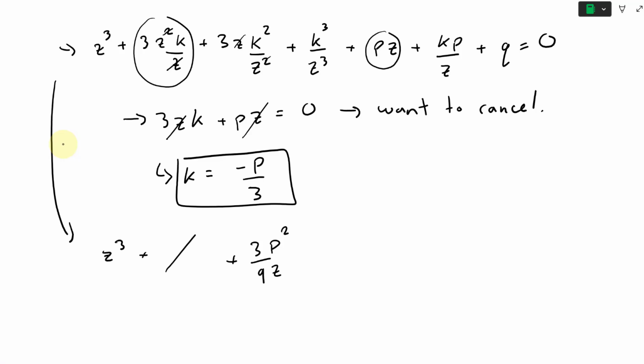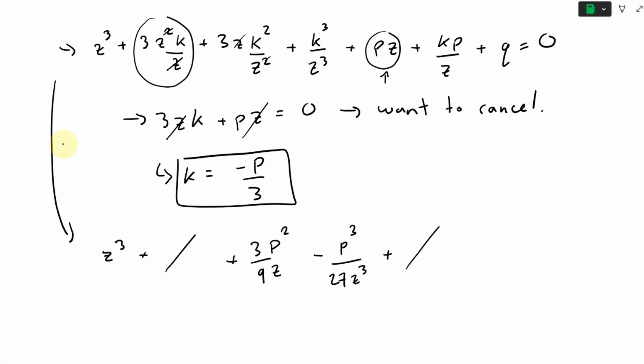All right, and now the next one is this one here, k cubed. Now it's going to be a minus, because we have a minus cubed. It's going to be just minus 1. So it's going to be minus p cubed over, and then 3 cubed is 27, and then z cubed. Like that. And then plus pz, oh, the pz's gone. So pz is canceled.